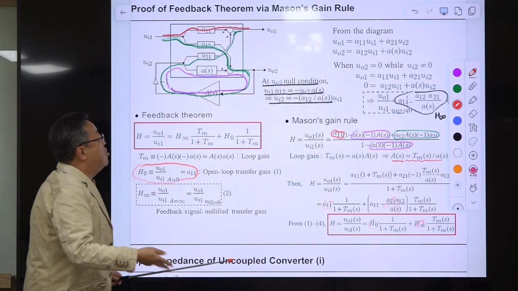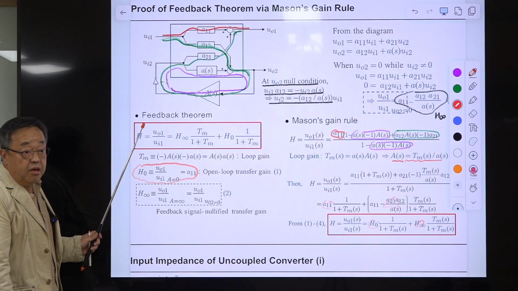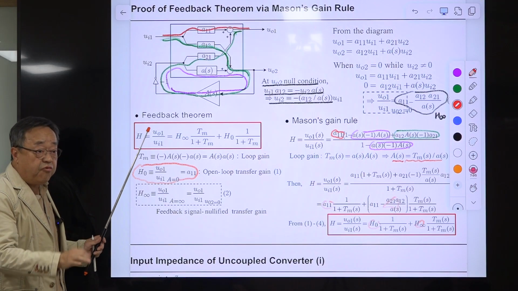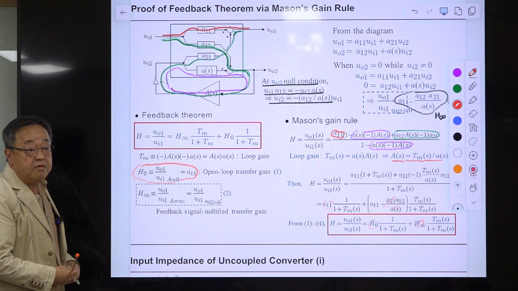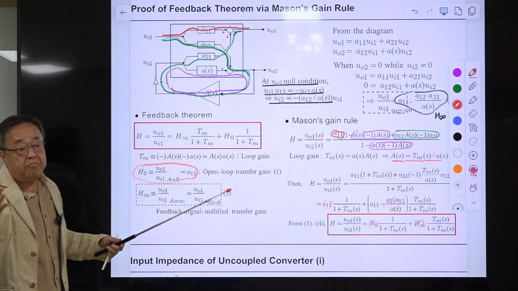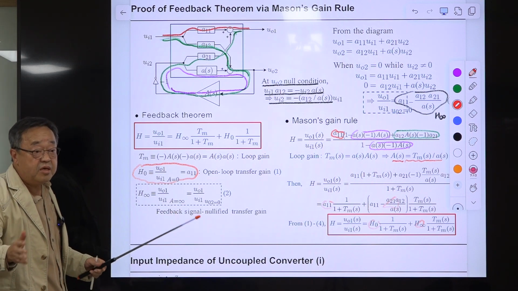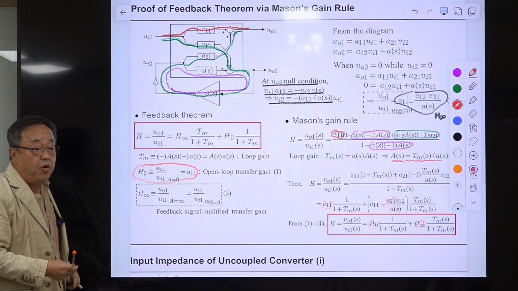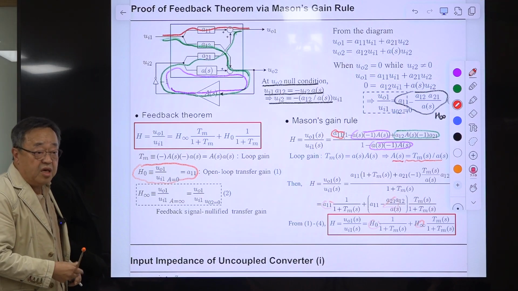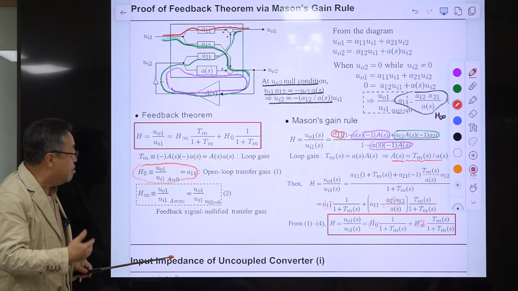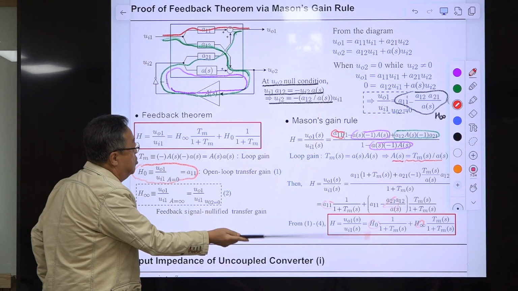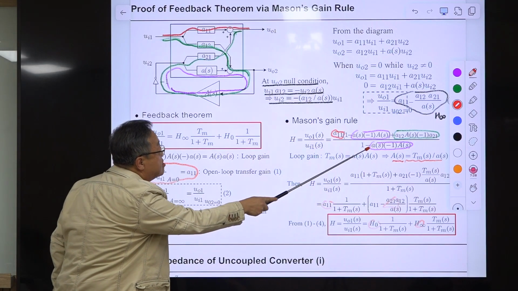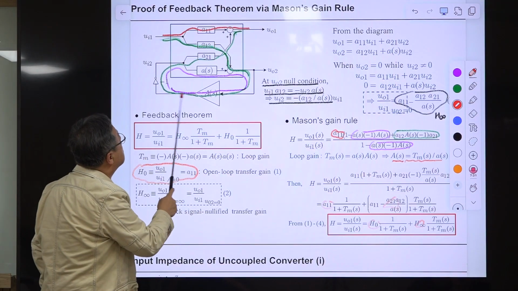And we apply the Mason's gain rule here. Mason's gain rule is true. That general form is verified using some matrix determinant theory. The proof is very difficult, but we all know that the formula is correct, accurate. Maybe you forgot that. In the denominator, 1 minus the loop existing in the system.